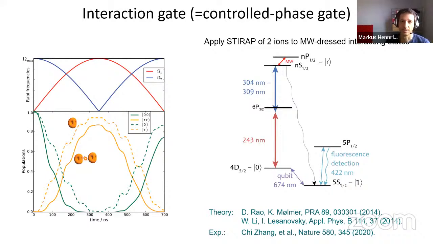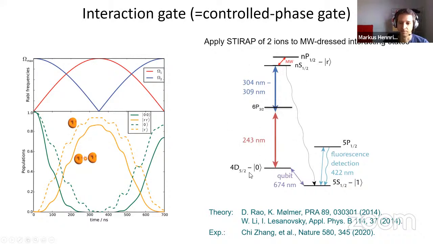This is a so-called interaction gate. I will explain a little bit more in a minute what such an interaction gate means, but you have to keep in mind that we really put both of the ions into Rydberg state next to each other. So we apply a STIRAP sequence. As we had it before, we have the Rydberg laser 1, Rydberg laser 2.